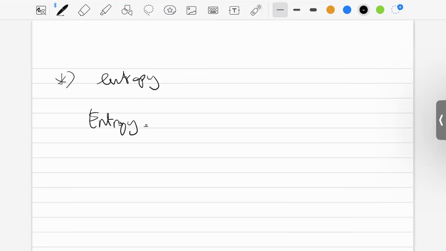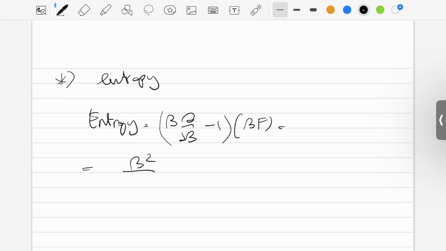So entropy is then equal to beta times the derivative with respect to beta minus 1 of beta F. So it's just the classical formula for the entropy from statistical mechanics, from thermodynamics. So if you do this, you just easily get beta squared divided by 16 pi G, or you could also express it in the following way.